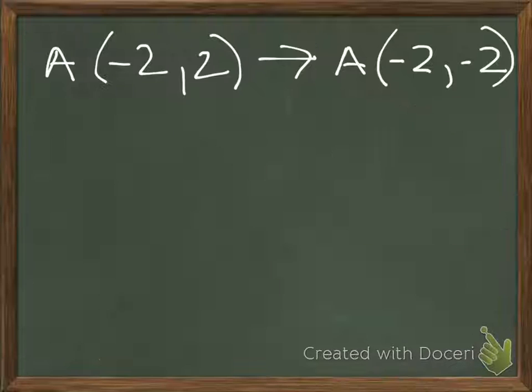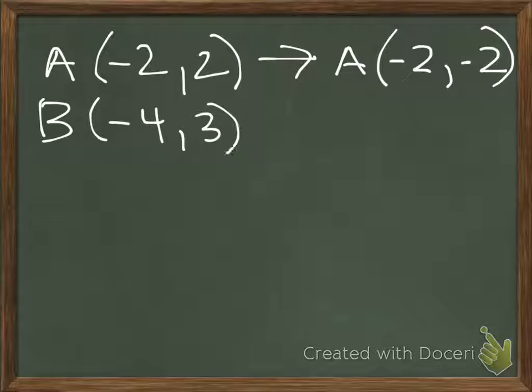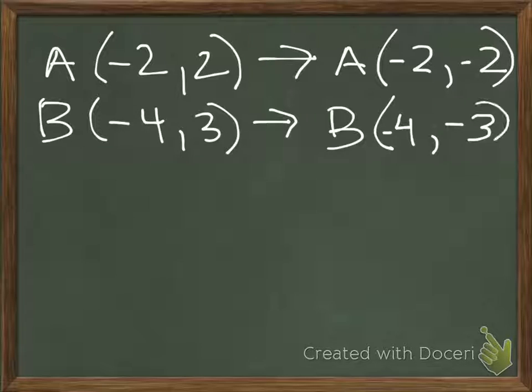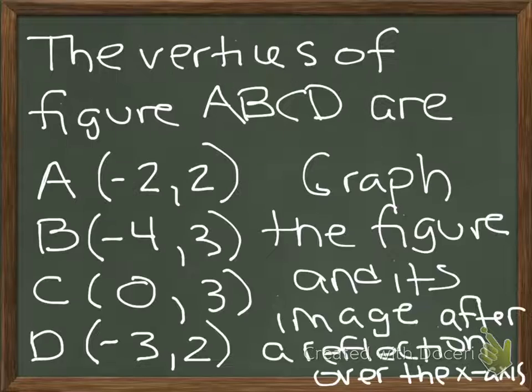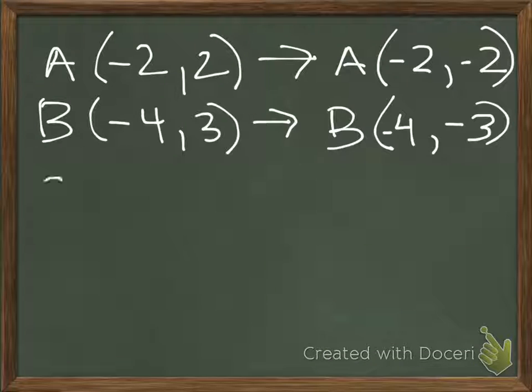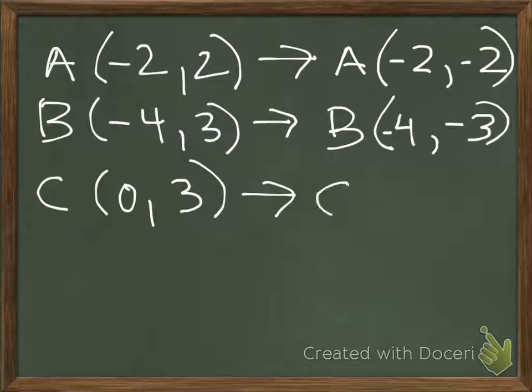Then we have B. Again, the x-coordinate is going to be the same, and we're going to do the opposite sign for the y-coordinate. And then C, x-coordinate stays the same, and the opposite for the y-coordinate.